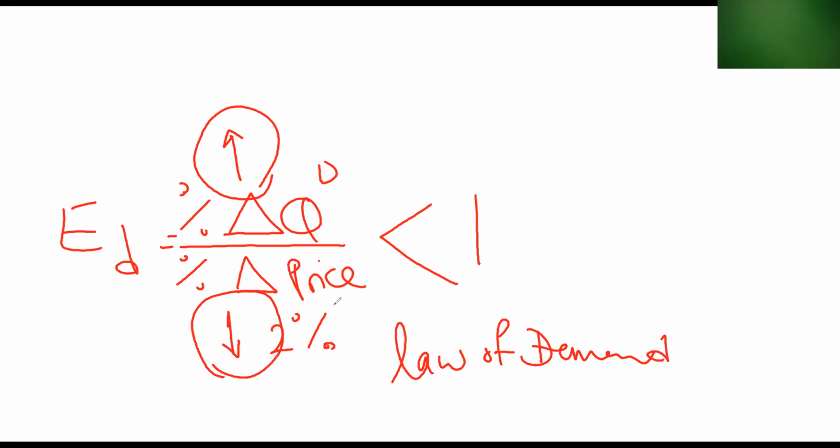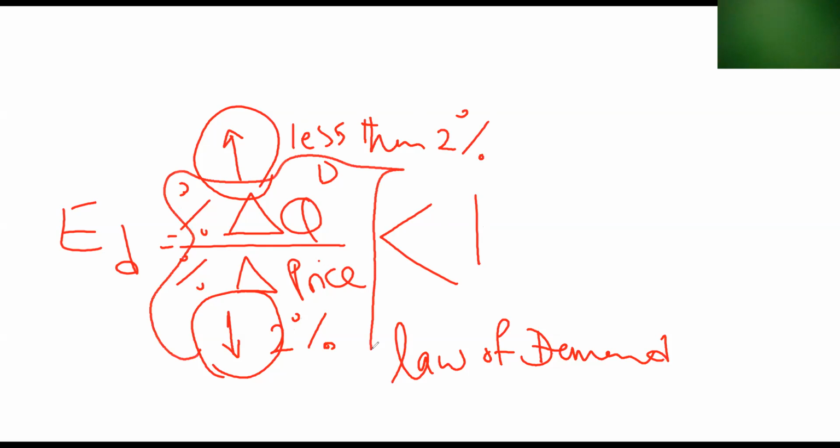Mathematically speaking, for this ratio to be less than 1, your top part should be less than your denominator. So anything less than 2% will give you, for this ratio, an answer less than 1.